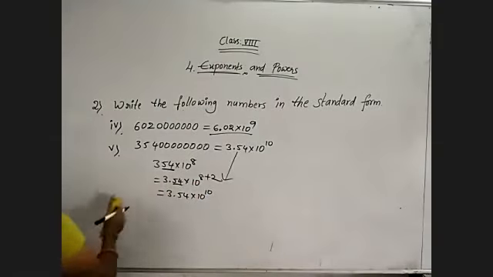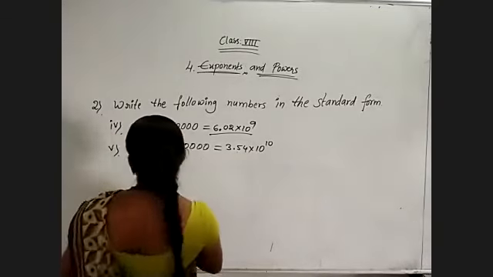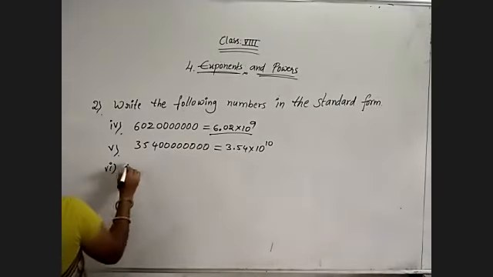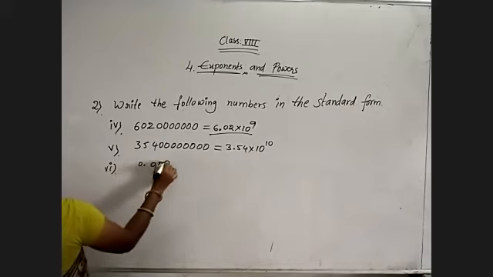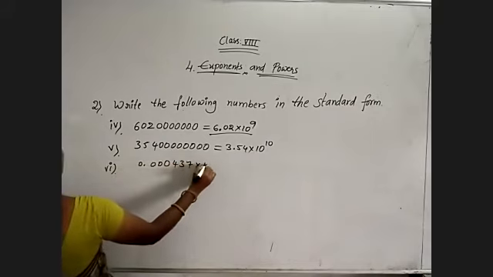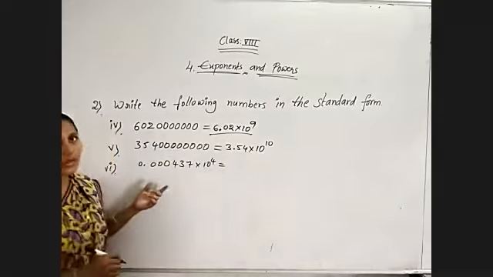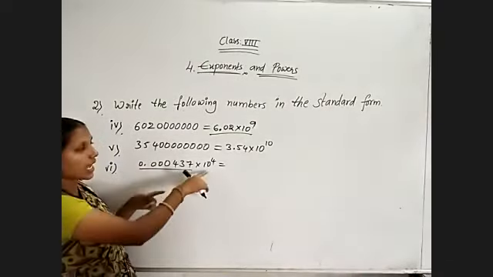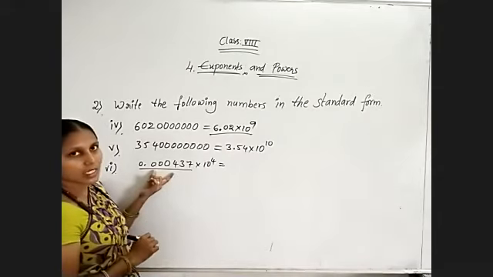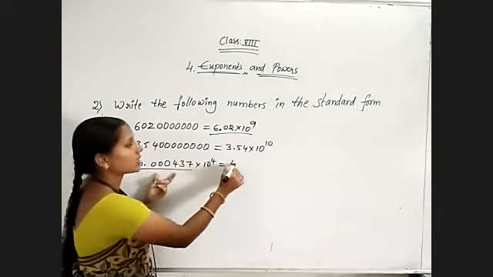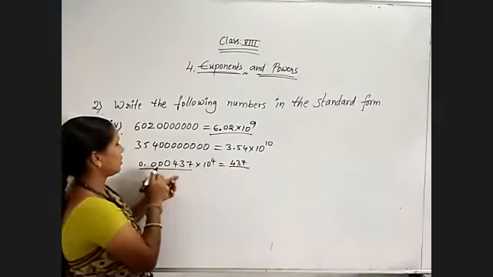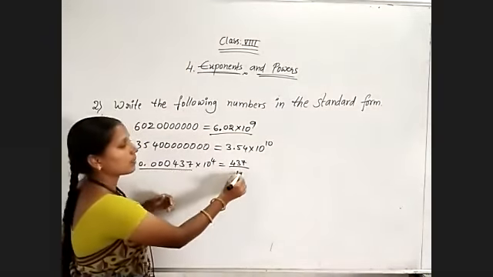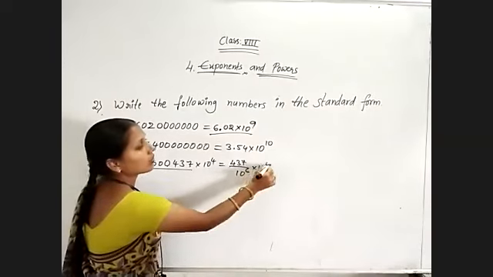Now the next one: 0.000437 into 10 power 4 is equal to. Just observe here, this is a decimal number, so with negative exponents we will get it. Again, already we have the exponent. First of all, try to convert this one into exponential form. 437 by 10 power 6, into 10 to the power of 4.